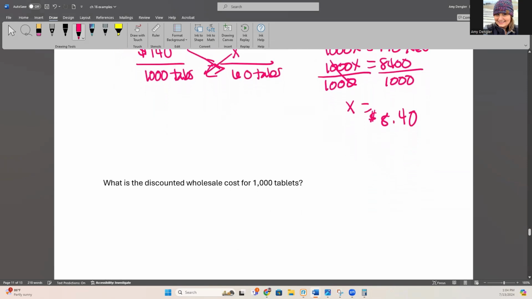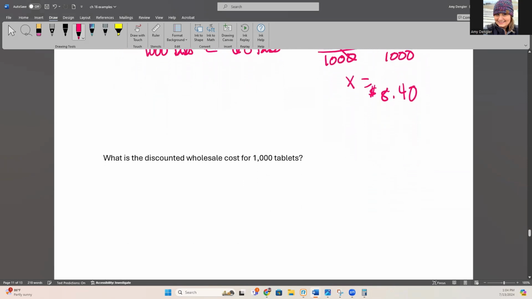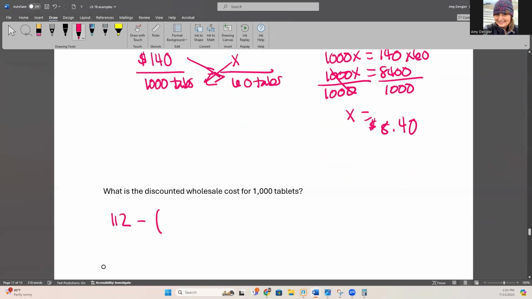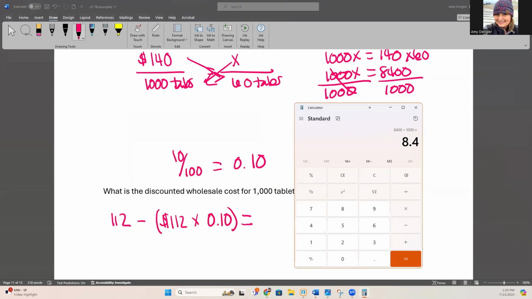And what is the discounted wholesale cost for 1,000 tablets? So that would be the $112 minus the $112 times the 10% discount. Remember, 10 over 100 is equal to 0.10 or 0.1. And if we do that, we are going to take care of that multiplication first.